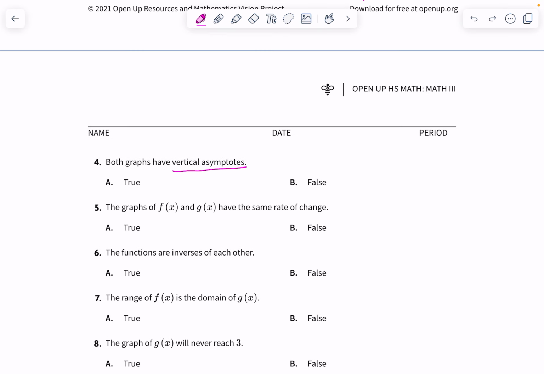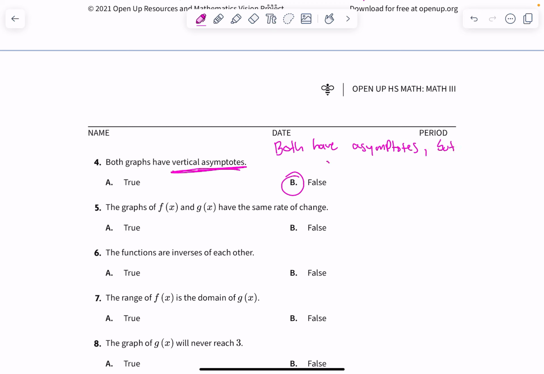Both graphs have vertical asymptotes. That is false, right? False. So both graphs both have asymptotes. Yes, that's correct.